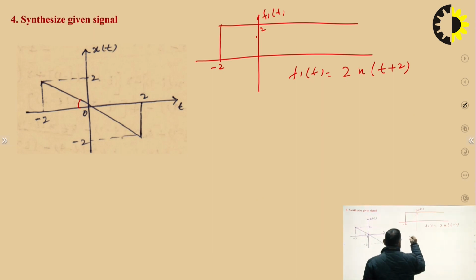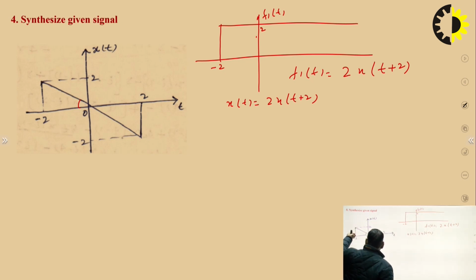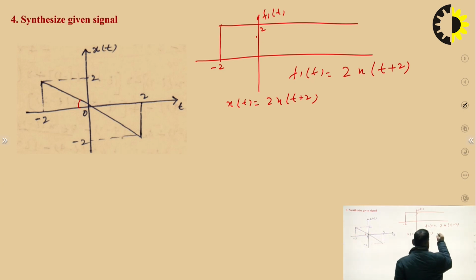So we can write x(t) is equal to 2u(t+2) of this function, and at the same time there is a ramp with negative slope. So it is minus r(t+2).